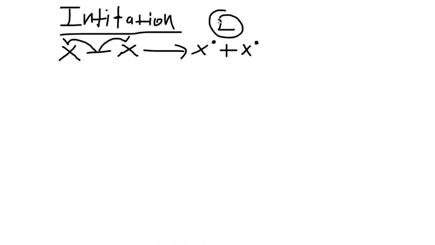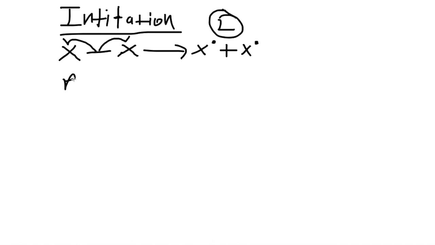So for example, if I start with this, with a bond to another same thing, the bond will break using half arrows, because we're moving one electron. And so this will form two radicals, one radical plus another radical. So we have two radicals on the product side, on the right side.